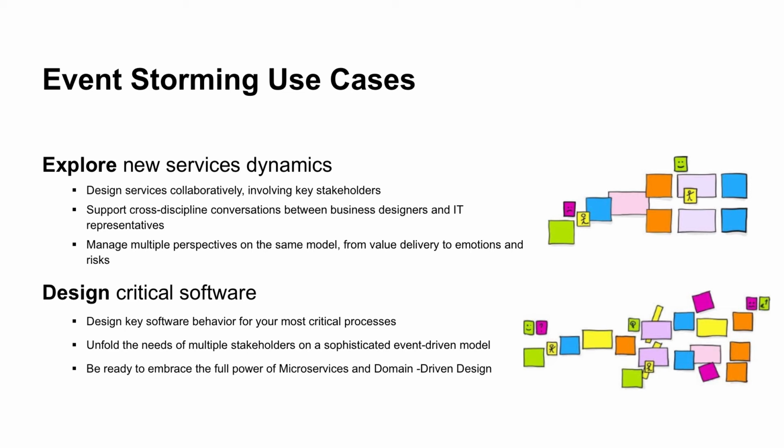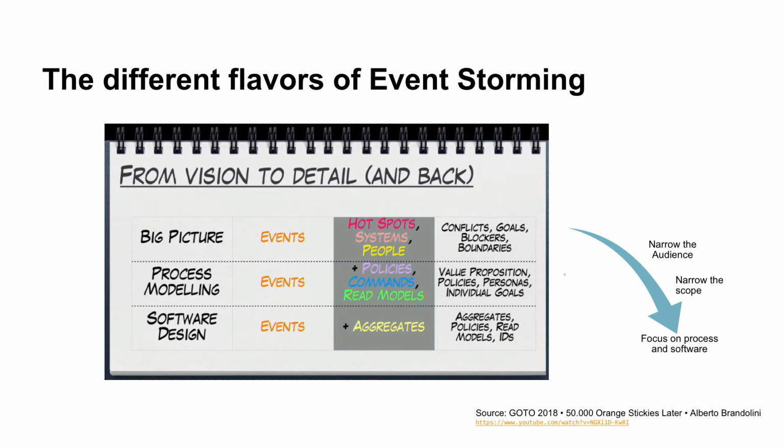So these are some of the use cases, and there are of course more, and there might be some discussions regarding this in the studio panel afterwards. But if you look at it, you can break down the use cases into mainly three different versions of it. So the big picture is usually done with less technical people, and you can gather everyone, and you only work with basically events, and you just try to capture a narrative of the business.